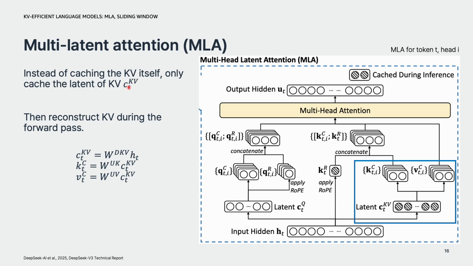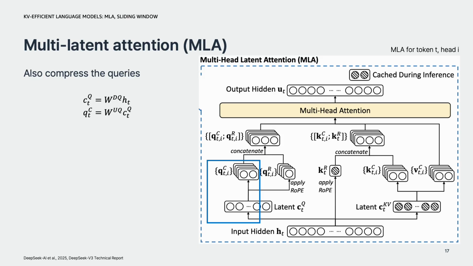The subscript t means the token t, and you can also find the subscript i in this figure, which represents the attention head i. These three equations show the down projection to latent, and then reconstructing KV from this latent. h_t is the input hidden state, which is down projected to the latent, c^KV. And this c^KV is up projected back to, respectively, key and value, which are the keys and values for the attention.